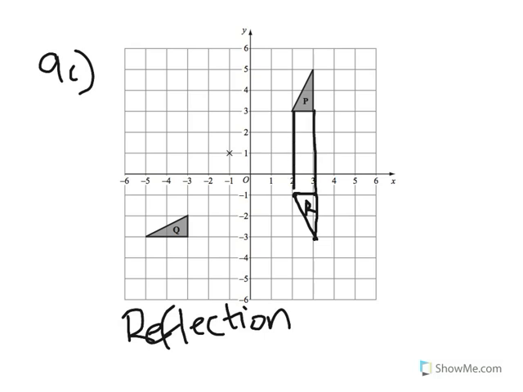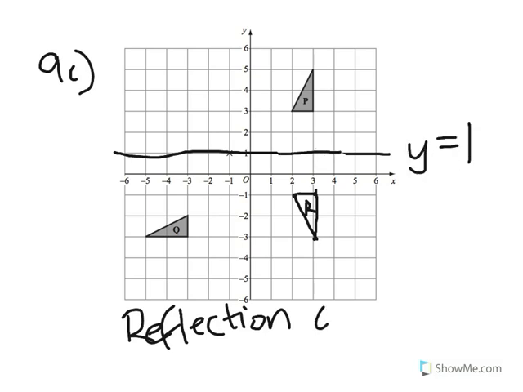So draw a line in between, and you'll notice that there are 4 boxes. The equidistant point will be the one in the middle between the two shapes. So the equidistant point is at y equals 1. So the line of reflection is y equals 1. So it's a reflection in y equals 1.